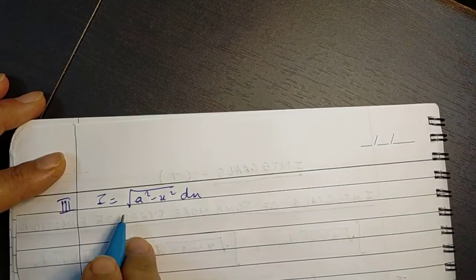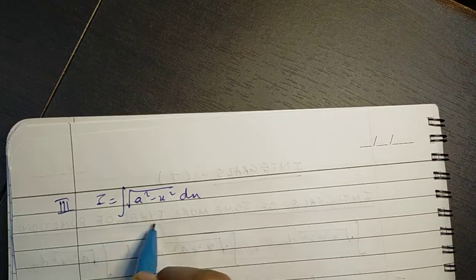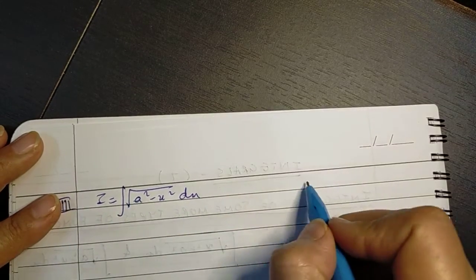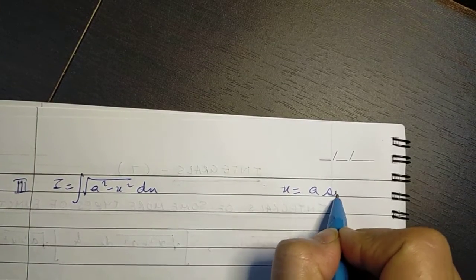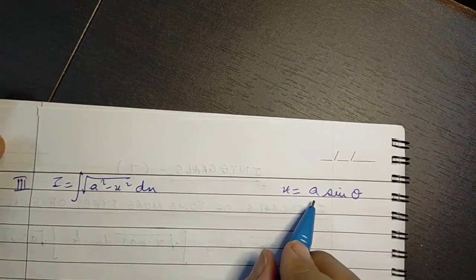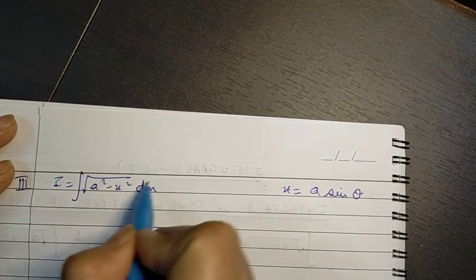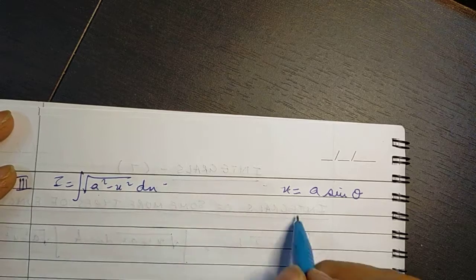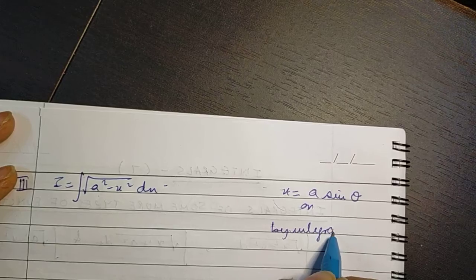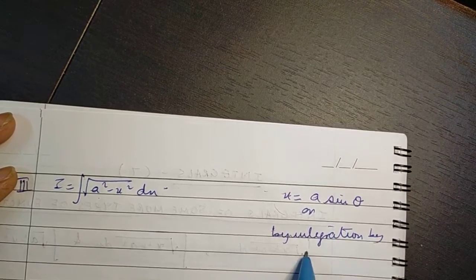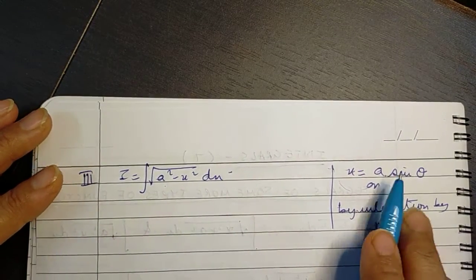Now in this case we can do it by the same method as this, or we can simply make the substitution x equal to a sine theta, though we can do it by integration by parts also, but let's take up this one using this part.